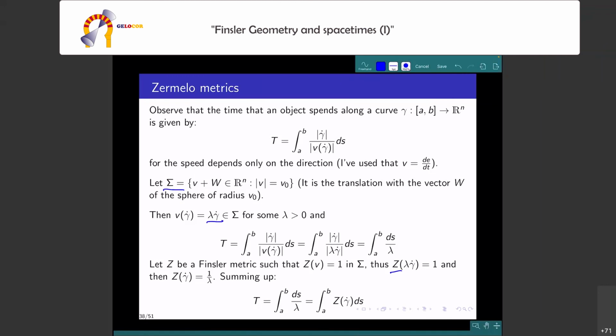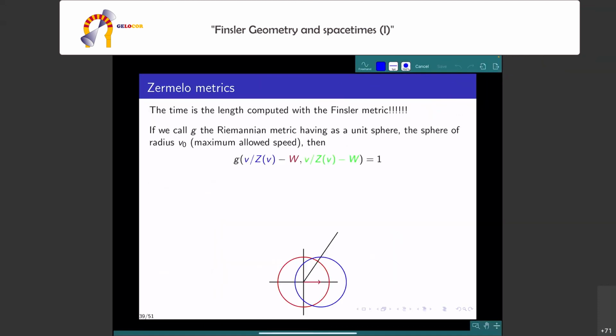But using positive homogeneity, this lambda goes out, and then we obtain that F on gamma dot is equal to 1 over lambda. Basically, we have proved that the time is the length of gamma computed with a Finsler metric, and this metric can be computed explicitly in the case that our indicatrix is the translation of a sphere.